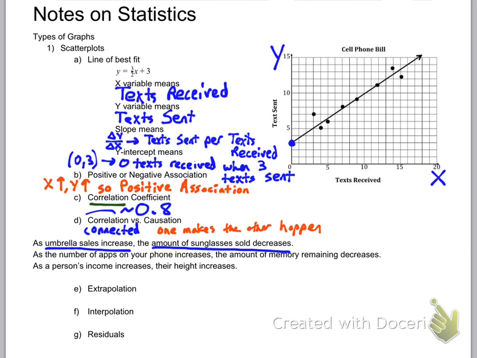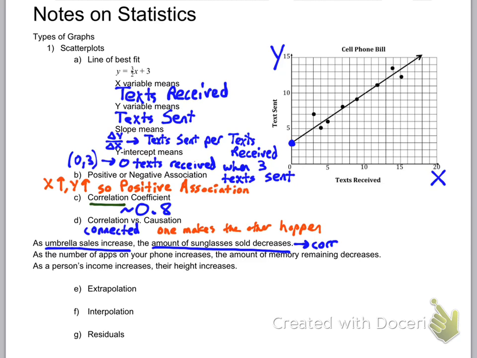So they could be correlated, all right? But there's not a causation there. It's not like because you buy more umbrellas, therefore fewer sunglasses will get sold. It really has to do with maybe a third variable, whether it's raining outside or sunny outside, that's causing those two. So we would say there's a correlation, but no causation there.